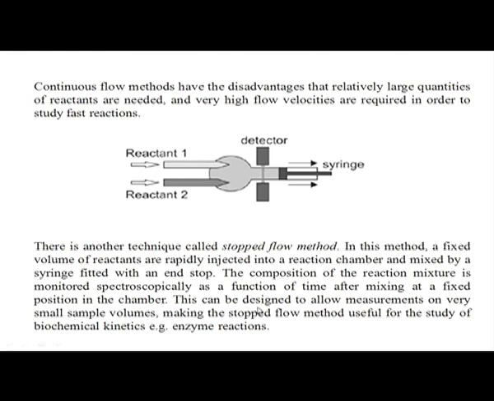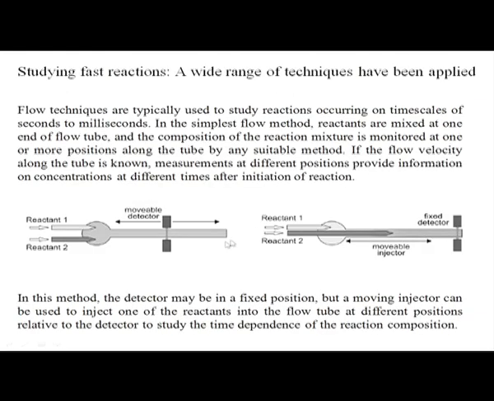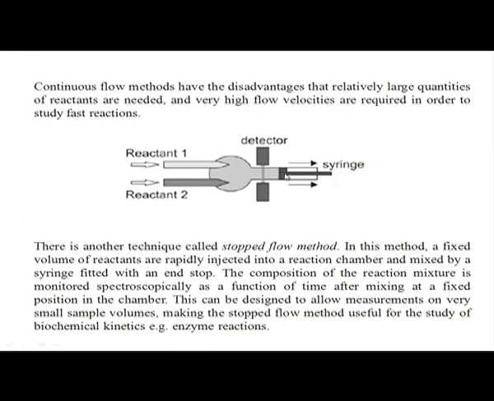So, in the previous flow method, the mixture is continuously flown out, but here there is a syringe which is stopping the flow, and slowly it is coming out as your reactant syringes are pushed in. So, it is a modified version, and it requires lesser volume of your reactant.